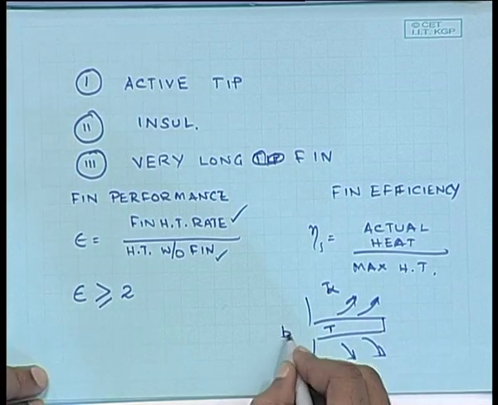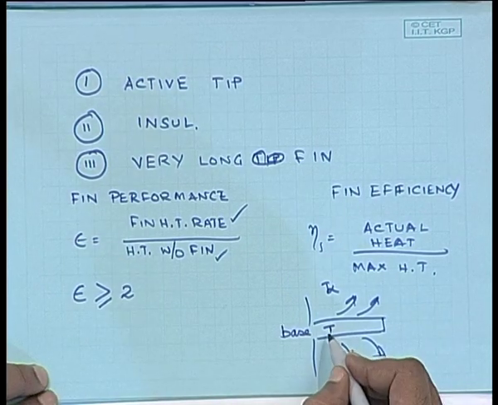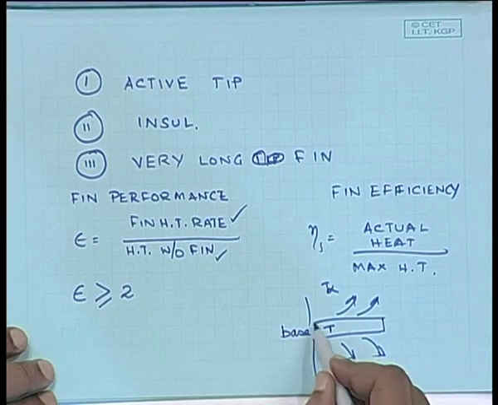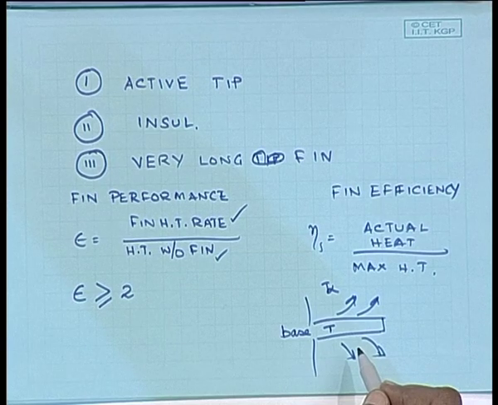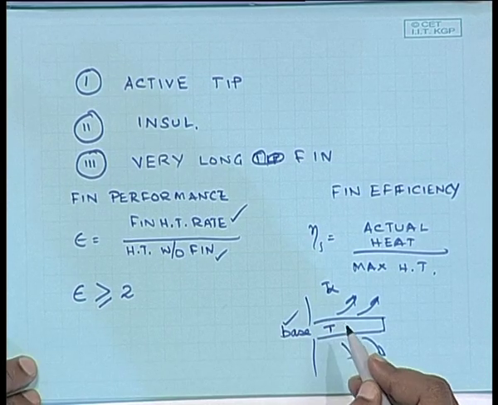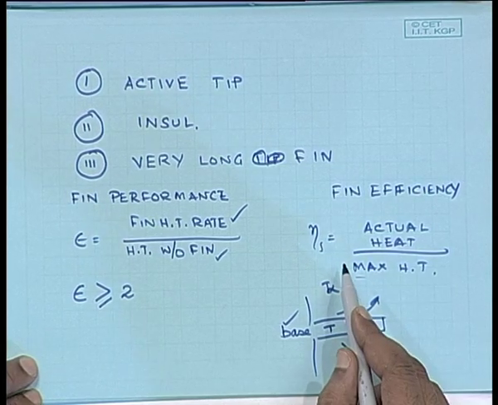At the base. So, the maximum amount of heat transfer, theoretically, though not realistically possible, is if the whole fin is at its base temperature, which is the maximum. That would be your maximum heat transfer possible at the fin.